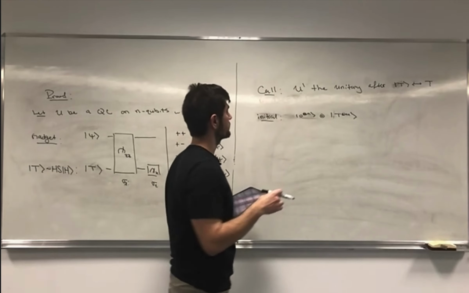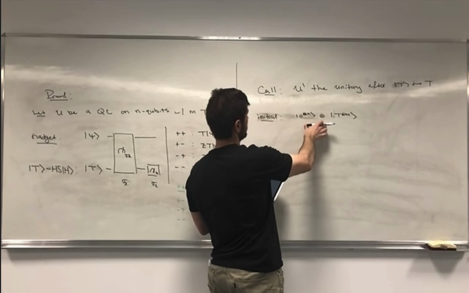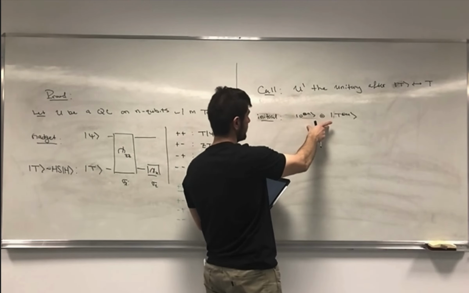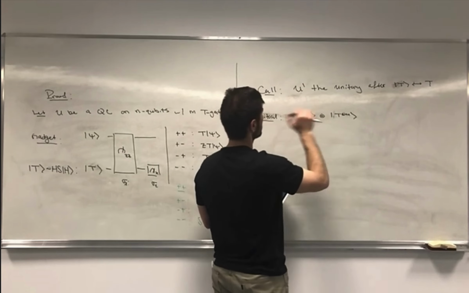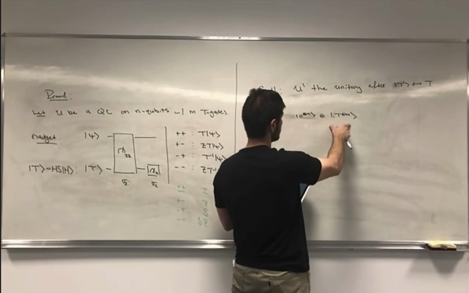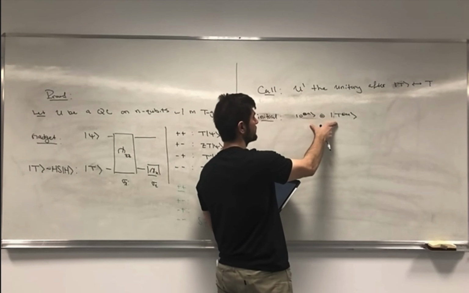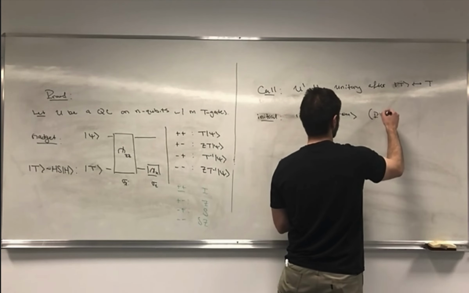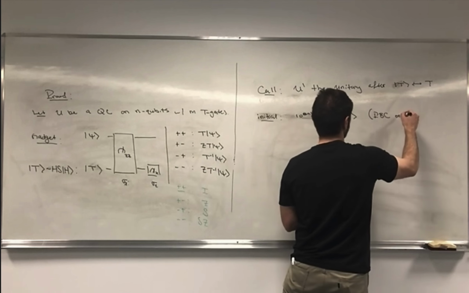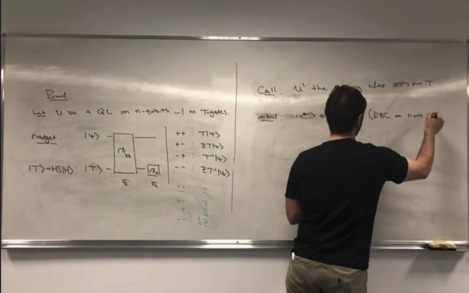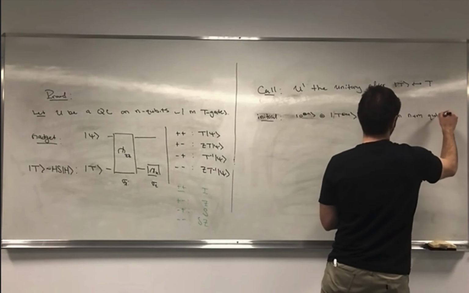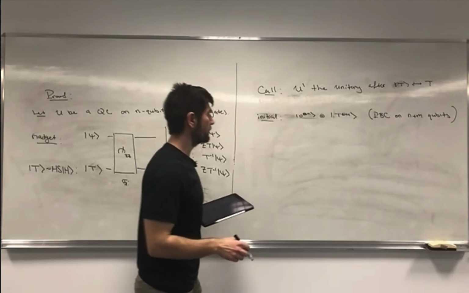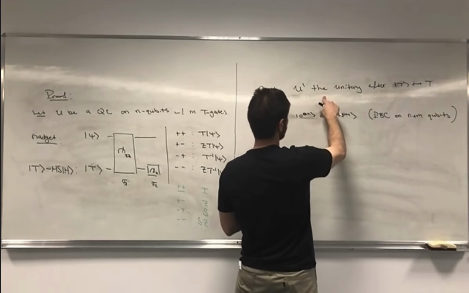So we replace all the T gates with these T states. So now I start with a computation. We're going to start with a Pauli-based computation on n plus m qubits. That's essentially what we're doing. And then there's a unitary that's being applied.